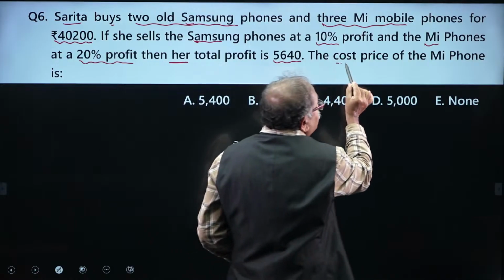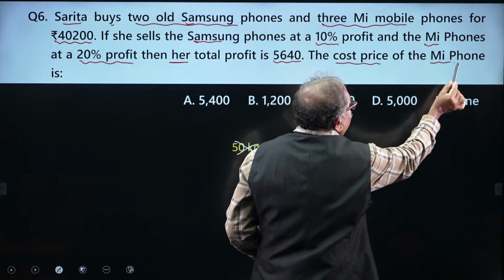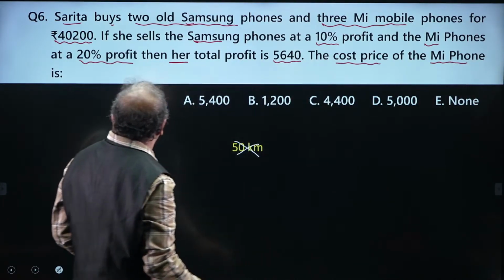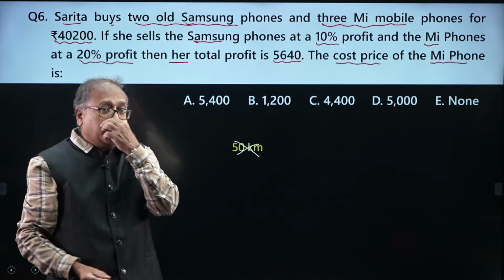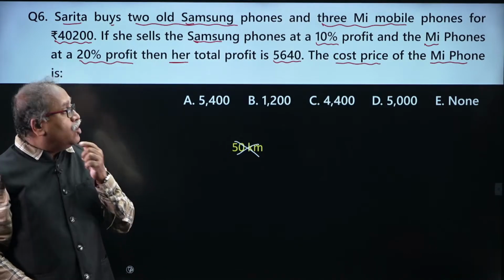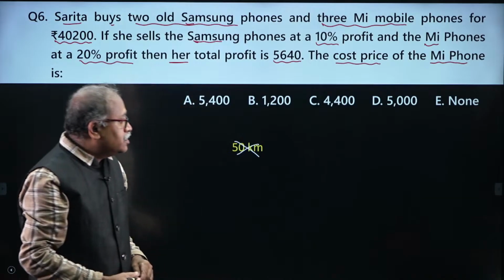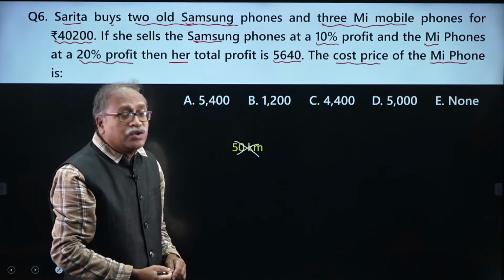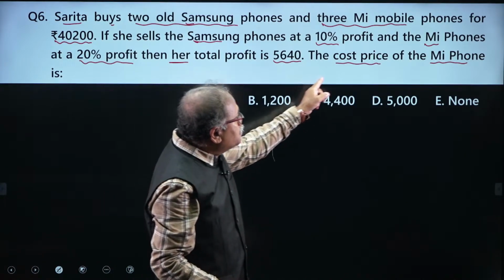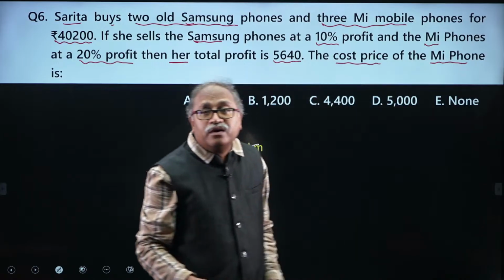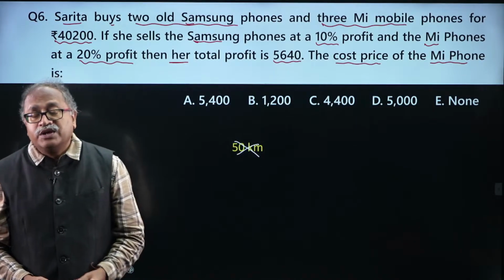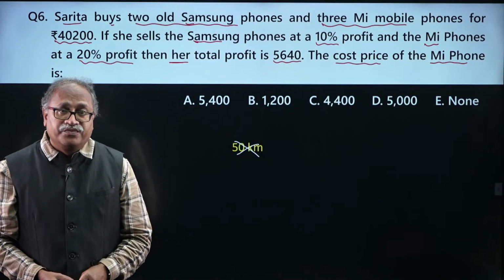The cost price of the MI phone is, what is the cost price of one MI phone? I think it should be one MI phone. So, what is the cost price of one MI phone?